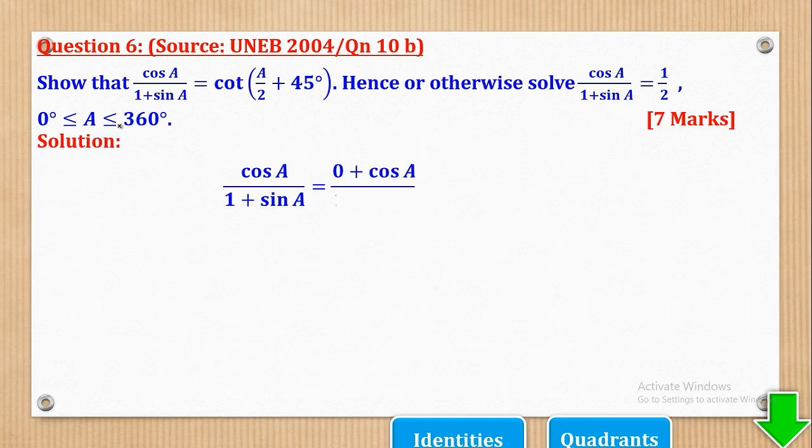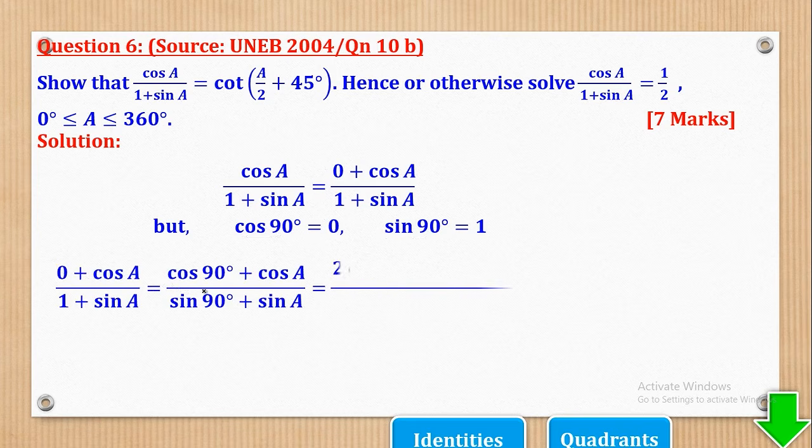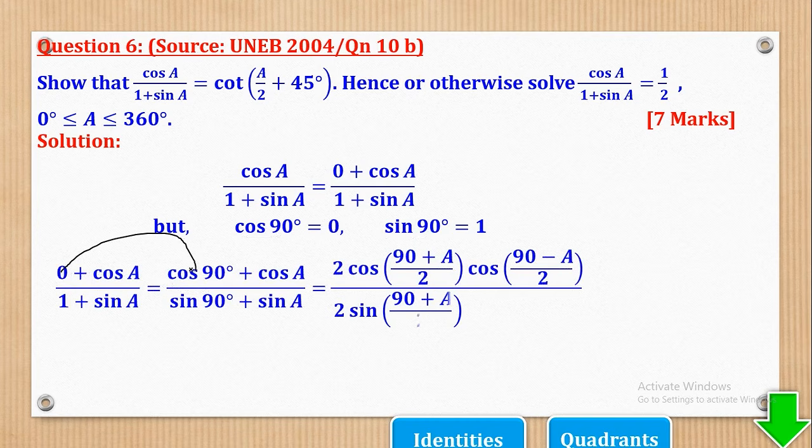So we are going to start from the left hand side, and we shall say that left hand side, this one is the same as 0 plus cos A, and this one is 1 plus sin A. Now that 0 and that 1 will be replaced by cos 90, so 0, cos 90 is 0, so we shall put it here, and sin 90 is 1, so we shall put it here. When we do that, we shall come up with this. So here there is cos 90 and here there is sin 90.